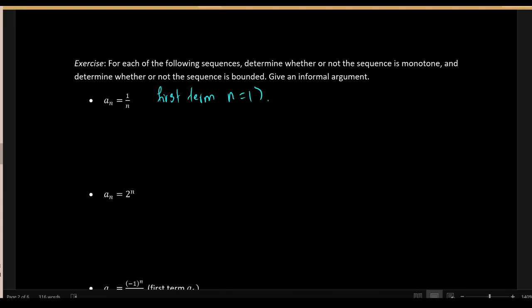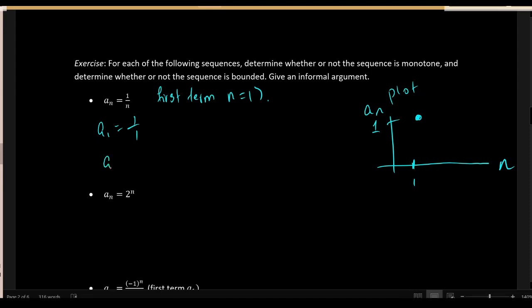So let's perhaps create a visual representation of this sequence. Create a plot where I will put n on the horizontal axis, and I will put the value of the term on the vertical axis. Now when n is equal to 1, and I plug n equals 1 into this formula, I get 1 over 1, which is 1 itself.